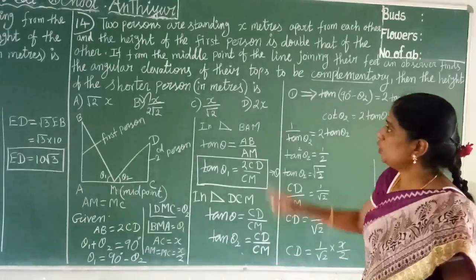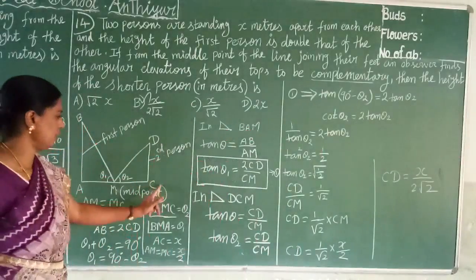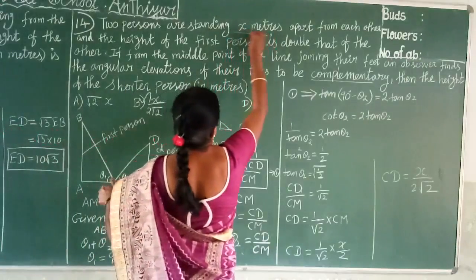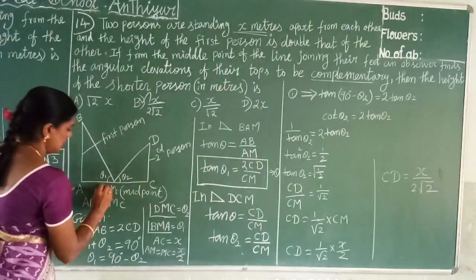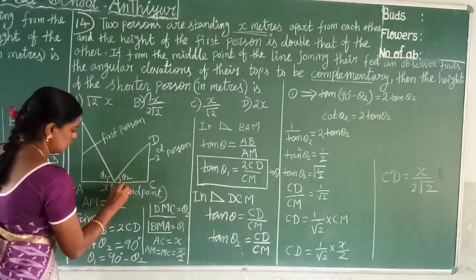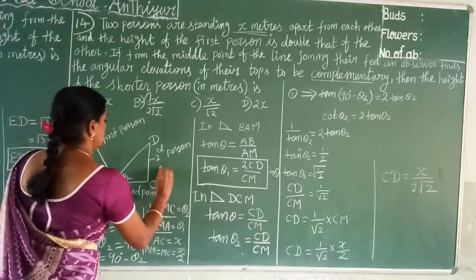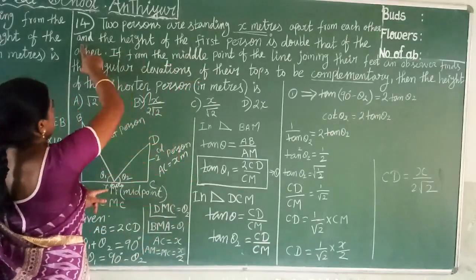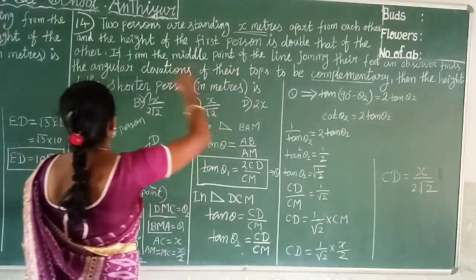Clear? Here two persons are there. This one is the first person, this one the second person. Both persons' distance is x meters, so AC is equal to x meters. The height of the first person is double that of the other.